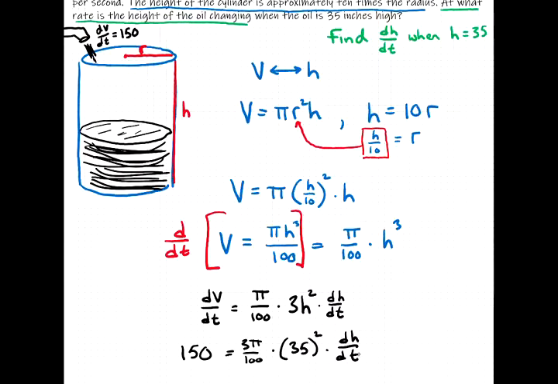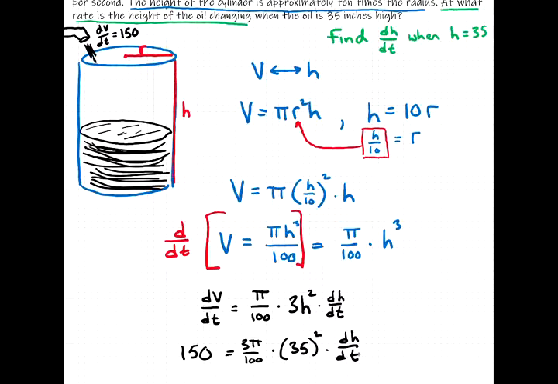All right, so let's simplify this a little bit. Let me just break out the calculator. 35 squared is 1,225.